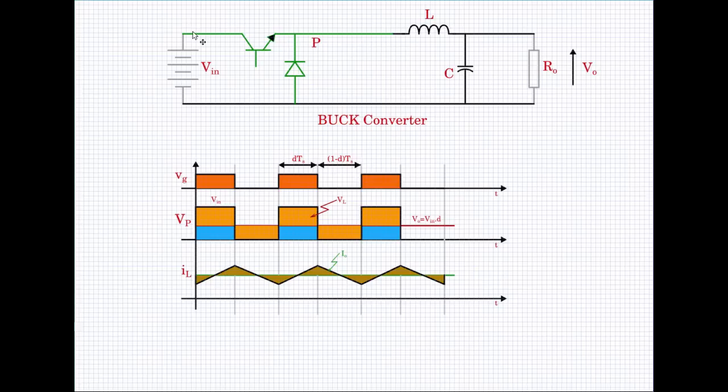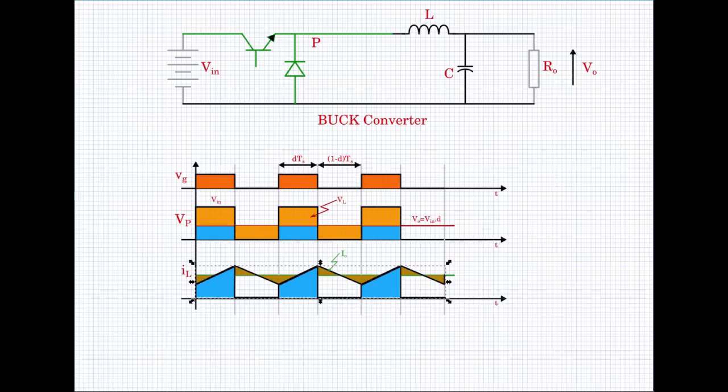If you look at the current flowing through the BJT, the current flows only during this portion, something like this. So only during this portion the current through the BJT flows. So you can rate your BJT for this. It has a peak current of I naught plus this ripple peak.